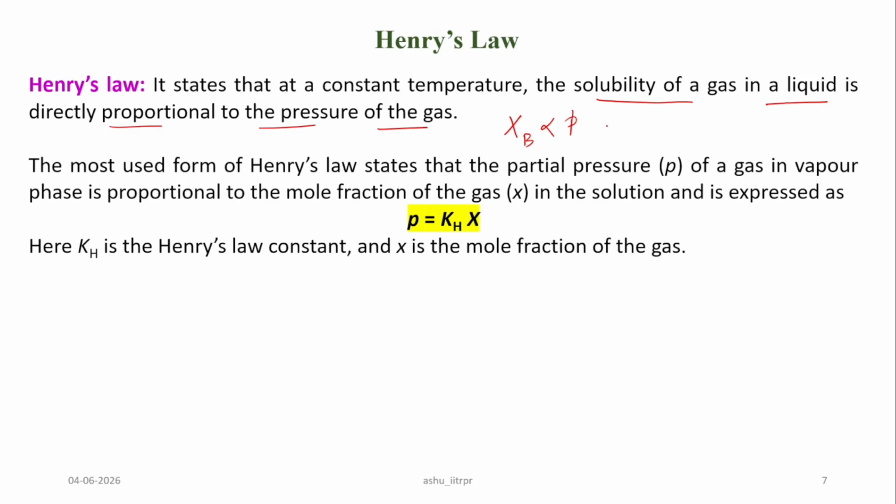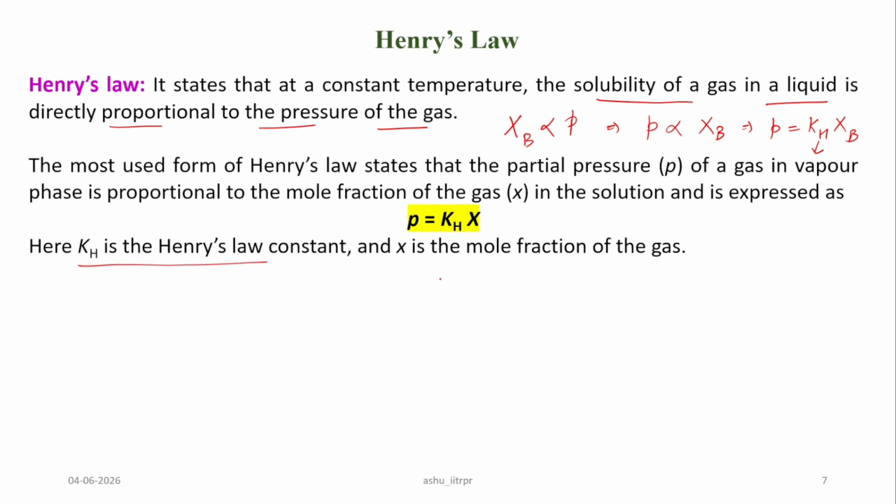So I can even write it the other way: P is proportional to mole fraction. If I remove this sign of proportionality, I can write P equals KH chi, and this KH is nothing but the Henry constant. KH is called Henry constant.